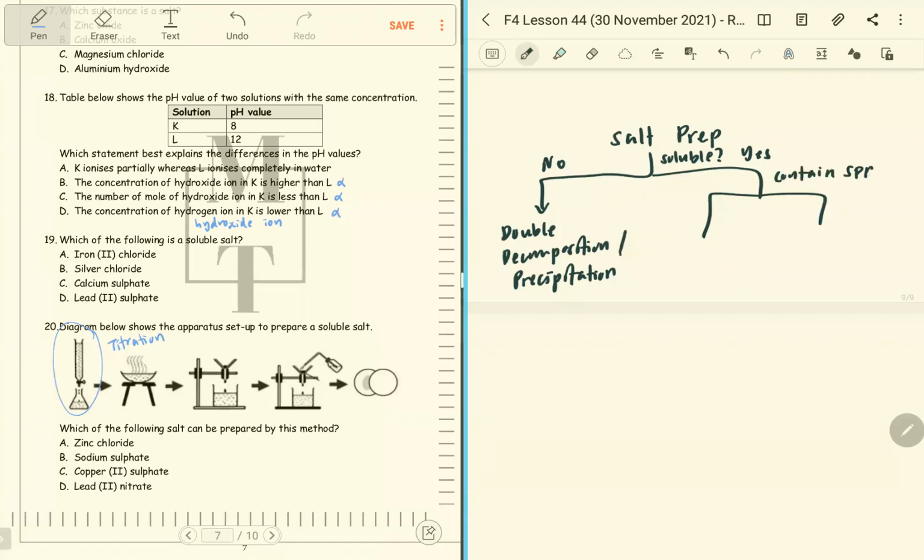If you have spa, sodium, potassium, or ammonium, then you go for titration. If you don't have spa, then you go for acid reaction.